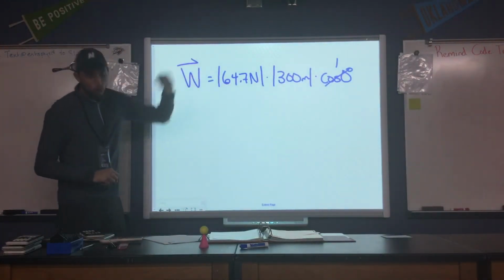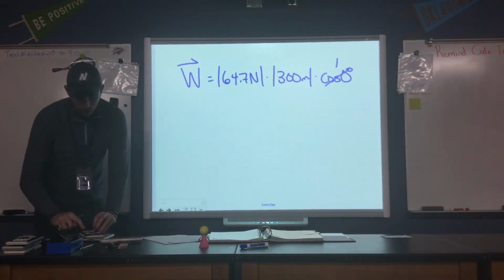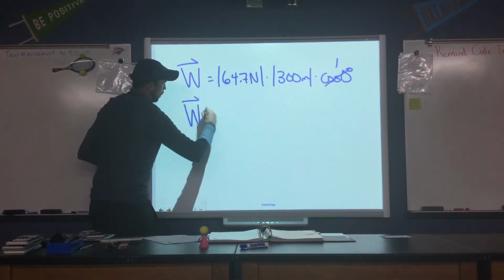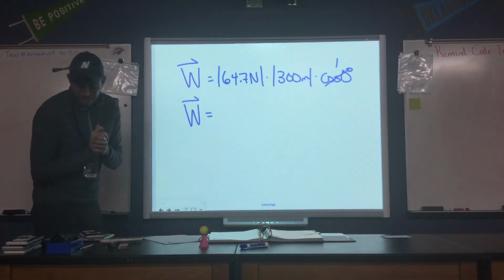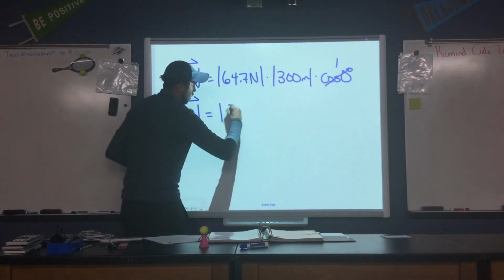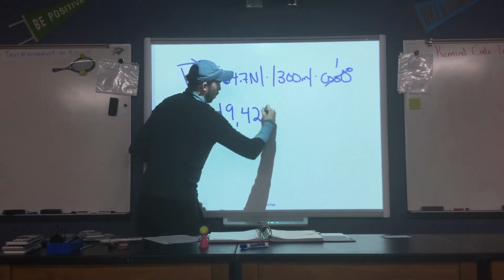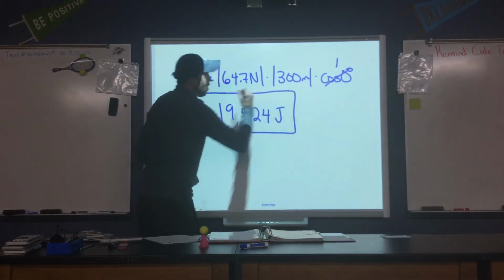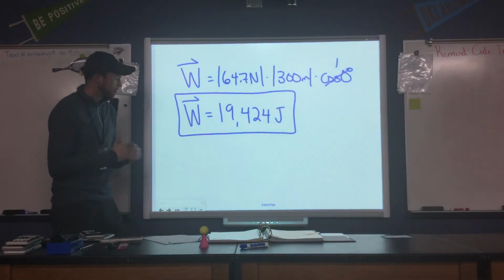So I'll take 64.7 multiplied by 300, multiplied by 1. And I get a value of the work done of approximately 19,420, round this up, 424 joules. That is how much work we do as we push on the cart.